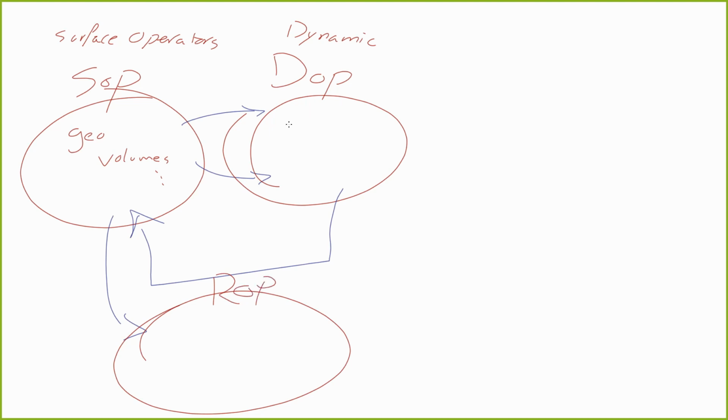So in dynamic, you create pyro, like fire and smoke and stuff. You create rigid bodies. You create particles. Here you render. Sometimes you see shops or material.